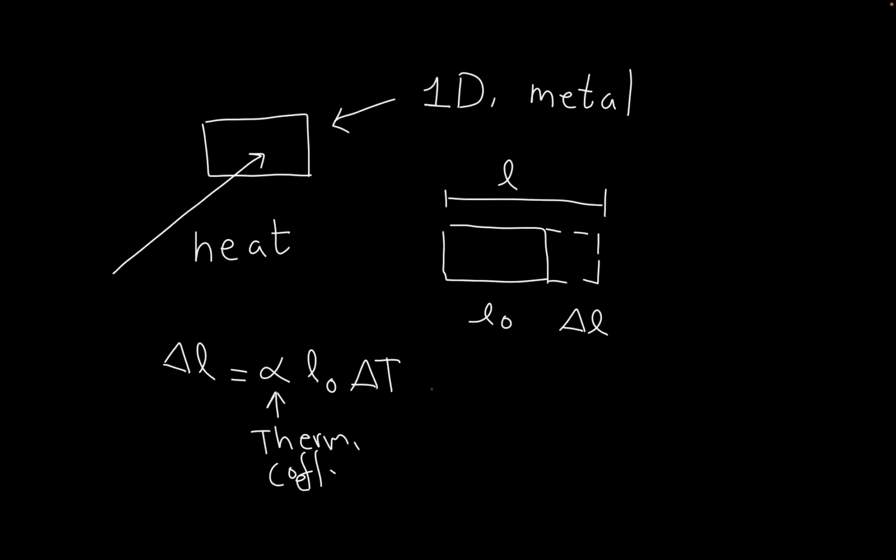Now, what's really good is that you can also extrapolate this formula to higher dimensions. So if you want to find the change in volume, for instance, of a 3D system like this, the change in volume will then equal beta this time, times the initial volume, times the change in temperature.